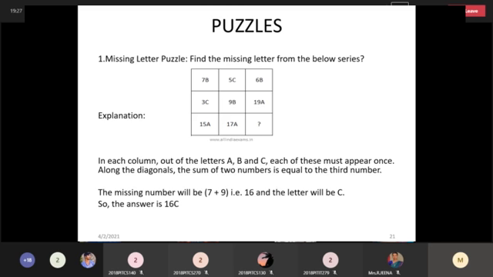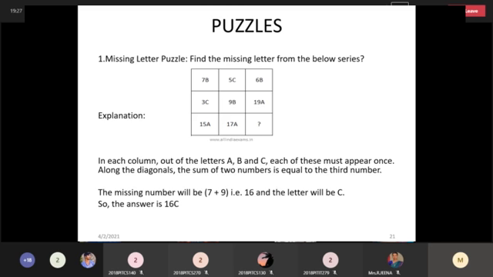Along the diagonals, the sum of two numbers is equal to the third number. You can see 9B, 6B, we have 15A, and then 7B and 9B, which should come here, 16C.